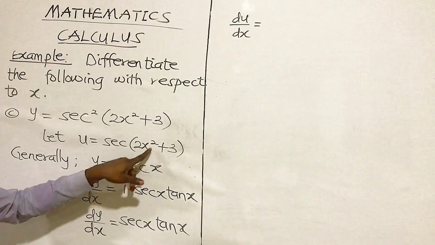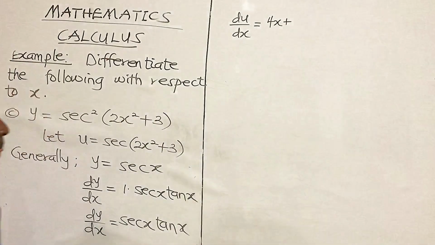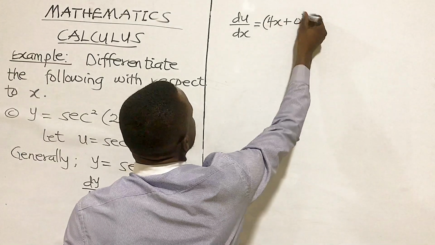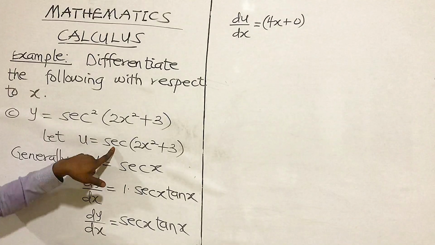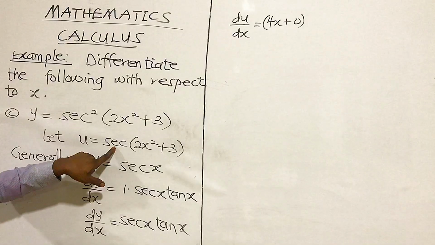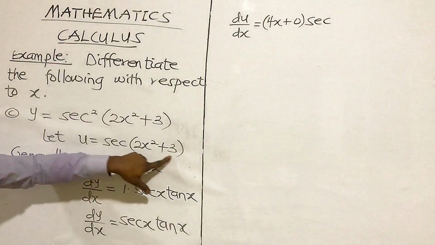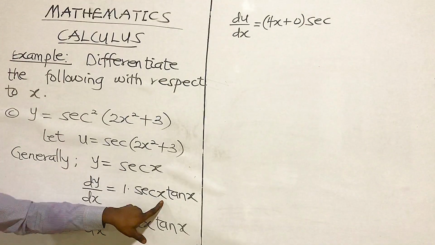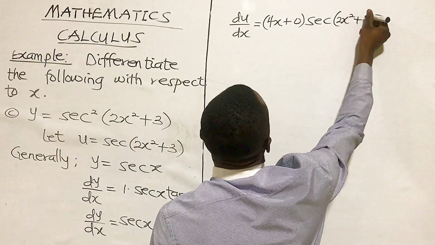When I differentiate 2x squared, I have 4x plus, and when I differentiate 3, I have 0. After differentiating, then I have to now start from the sec. And when I differentiate sec, I'm going to get the same sec of the function we have here. Just like over here we had sec of the same function which was x. So of the same function which is 2x squared plus 3.